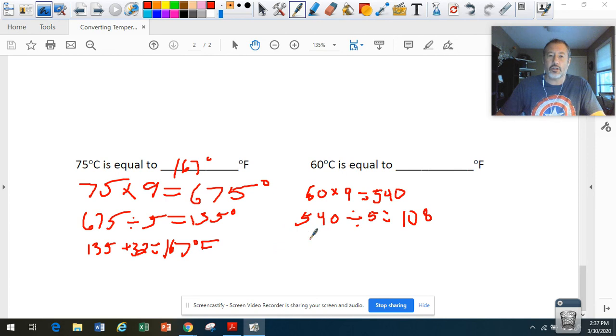And then finally, you had your 108 and you added 32 to it. You should have got a final answer of 140 degrees Fahrenheit. Very good. So 60 degrees Celsius is equal to 140 degrees Fahrenheit.